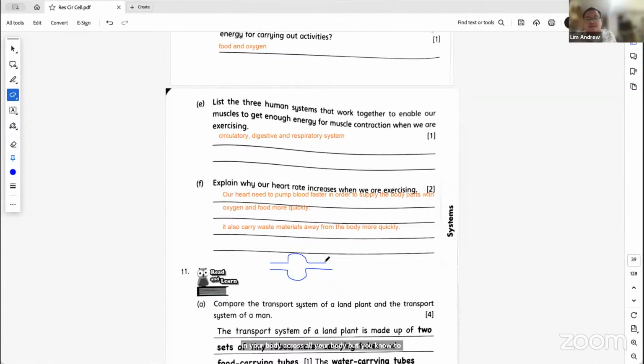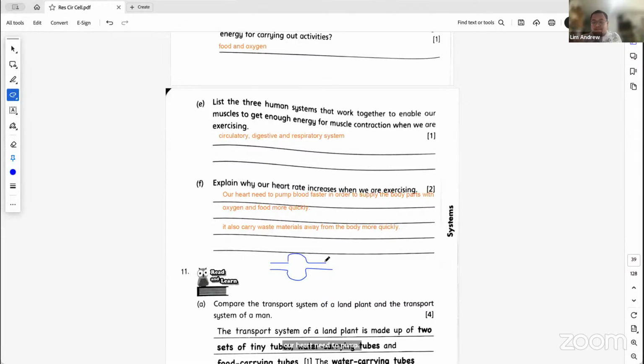If you wrote that our heart needs to pump more oxygen to a body part, you are wrong. Because at any point of time, the heart can only pump a certain amount of oxygen, depending on the number of cells in the blood. So the correct answer should be: our heart needs to pump blood faster.